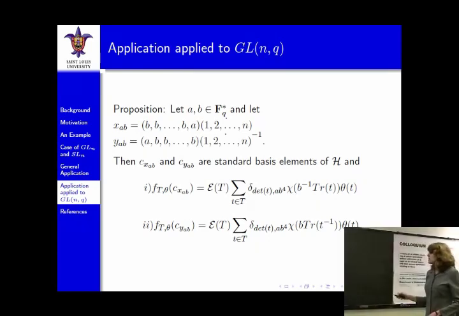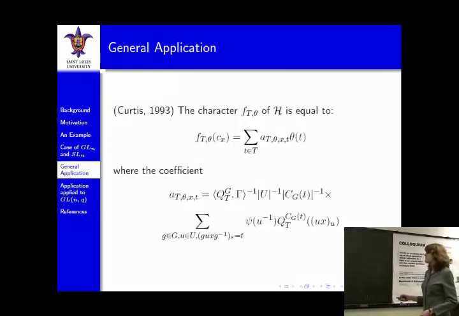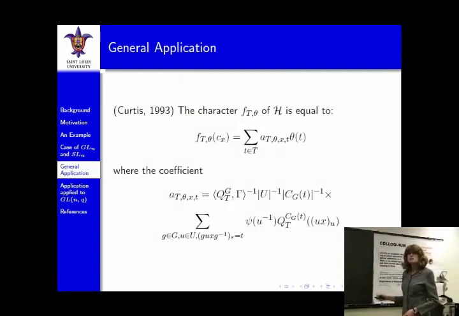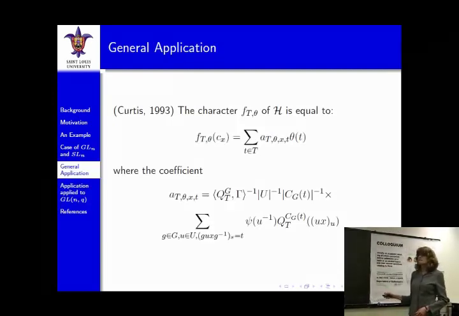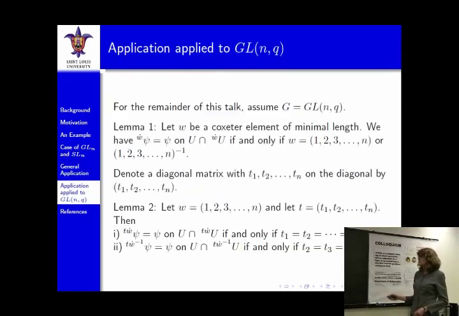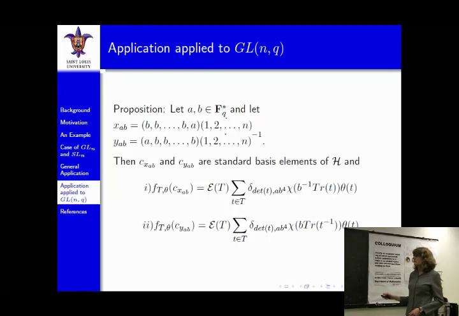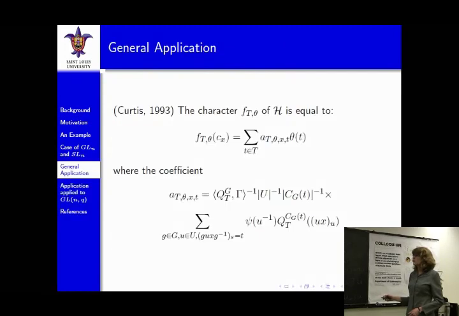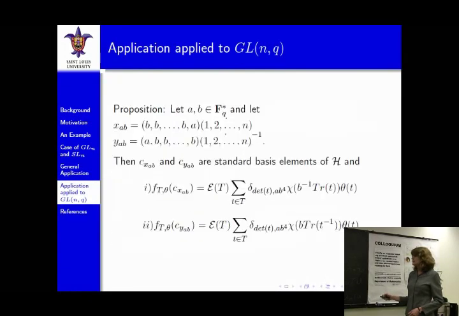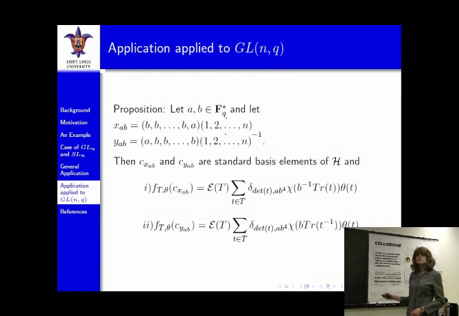So that condition is coming from this semi-simple condition. And this epsilon condition, I didn't want to go into it, but it just has to do with the rank of the torus, and it comes from this inner product here, which is determined by the rank of the torus.